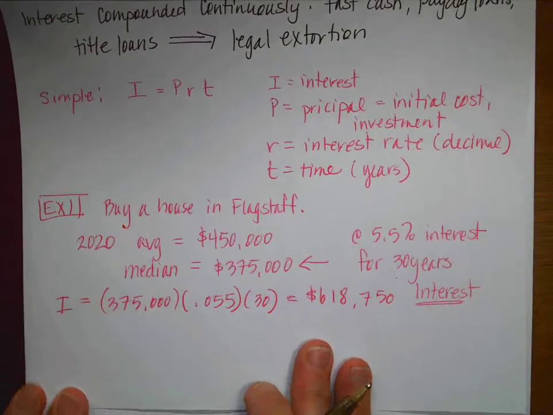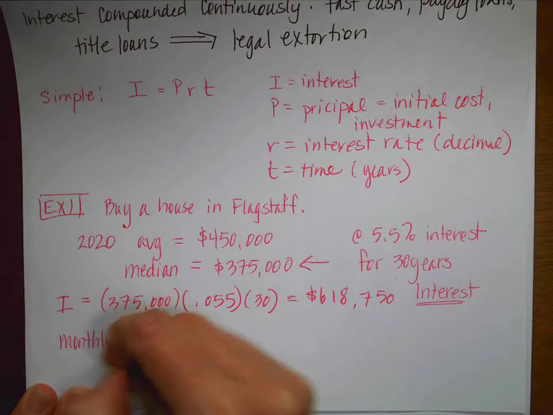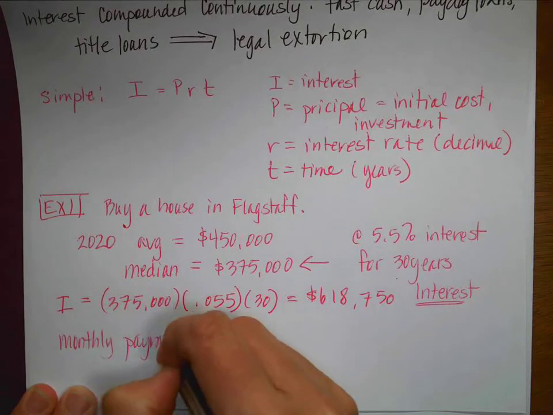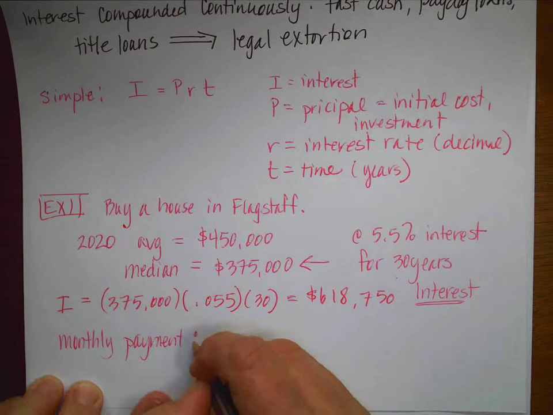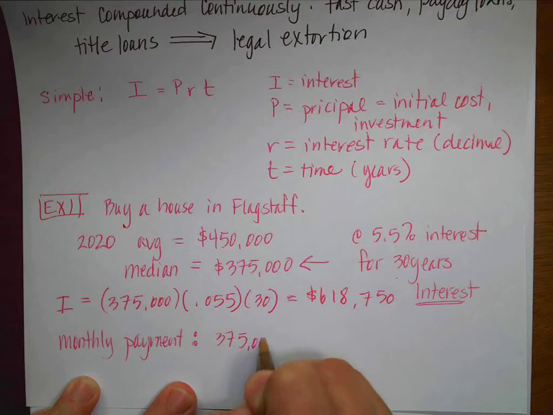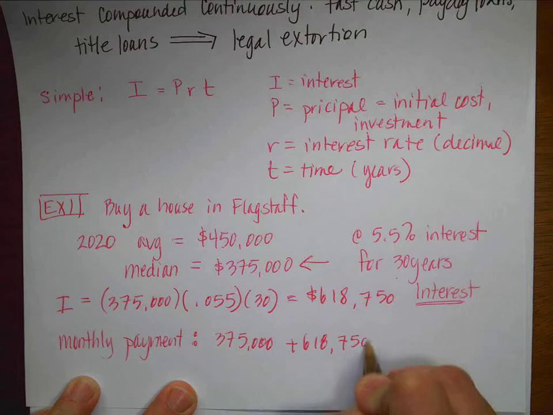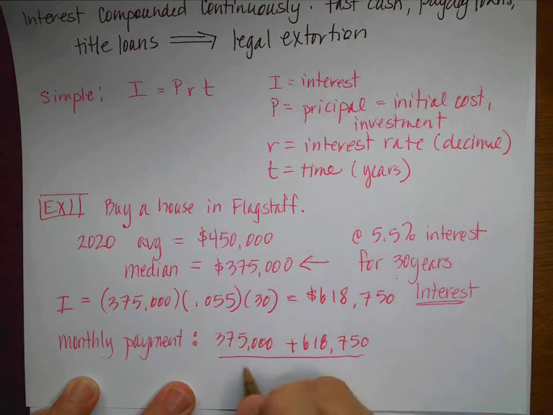Now let's just take this and calculate what our monthly payment would be, just because we can. For my monthly payment, I'm going to take the amount of the house, which was $375,000. I'm going to add the interest. Notice that the interest is not quite double what your house cost.